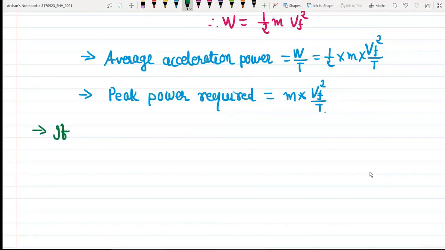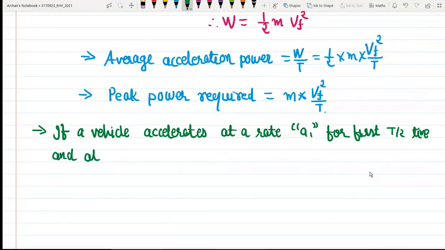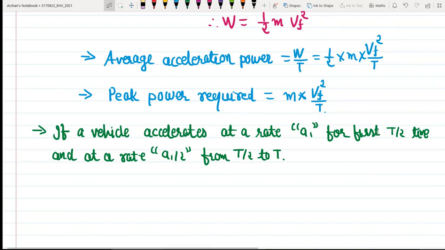If a vehicle accelerates at a rate say a1 for first t by 2 time, and at a rate a1 by 2 from t by 2 to t. So this is our second case.